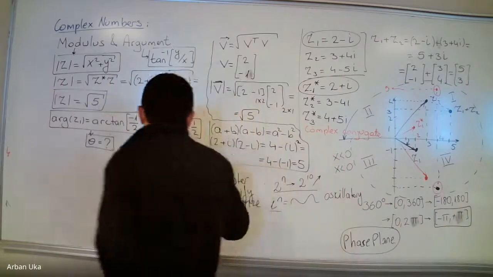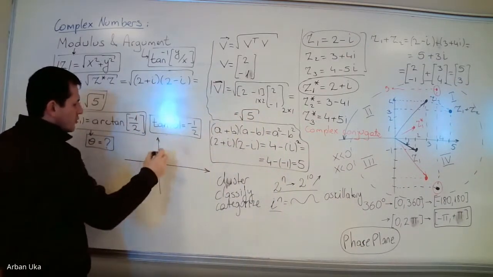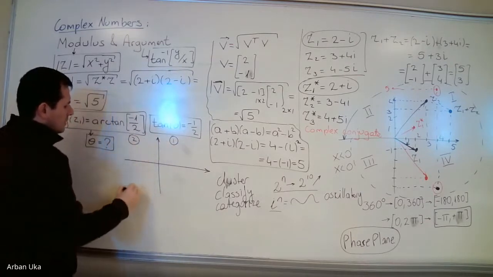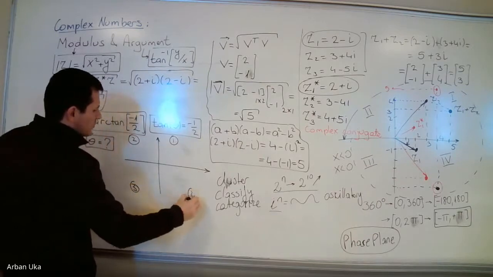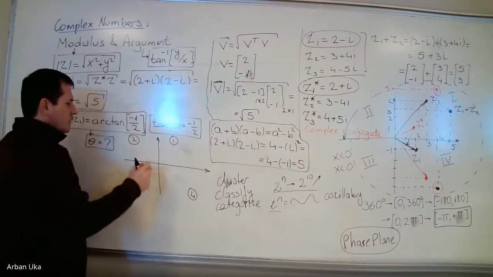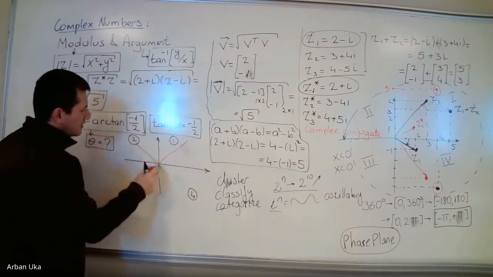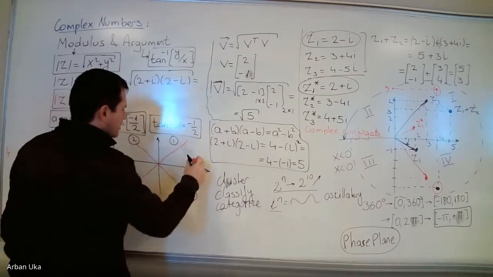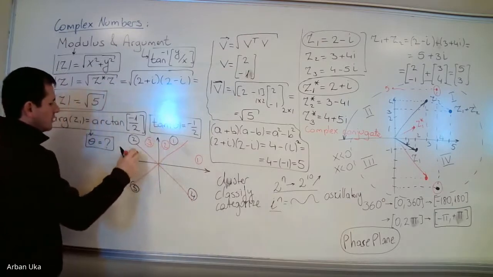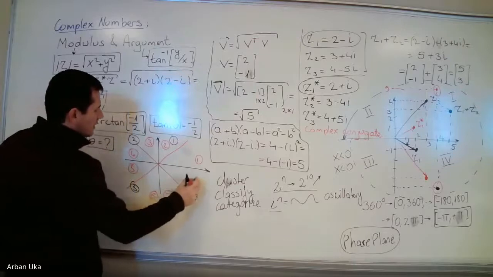Another way was to separate this into 4 quadrants, which would be 1, 2, 3, and 4. This is possible. Another way, we can quantize this a little more by separating the phase plane further, which would mean that we can have 1, 2, 3, 4, 5, 6, 7, and 8.